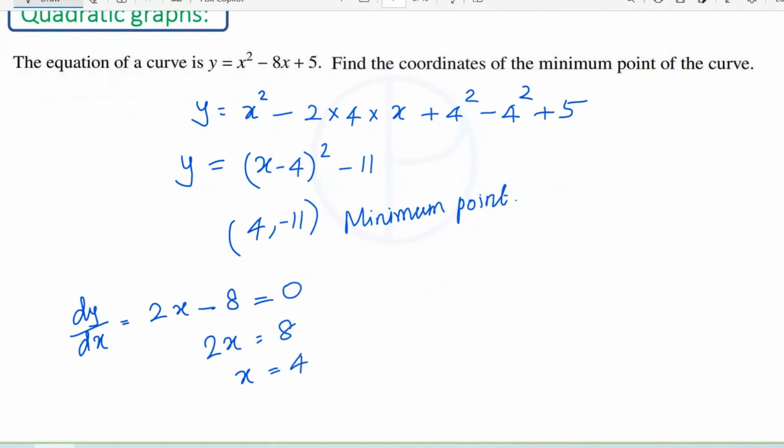When x equal to 4, what is the y value? y is equal to 4 squared minus 8 multiplied by 4 plus 5, which is equal to negative 11. So 4 comma negative 11 is the minimum point. Okay, you can use any one method, whichever is convenient to you.